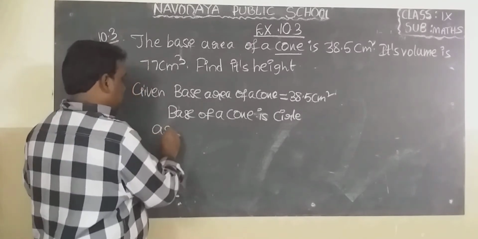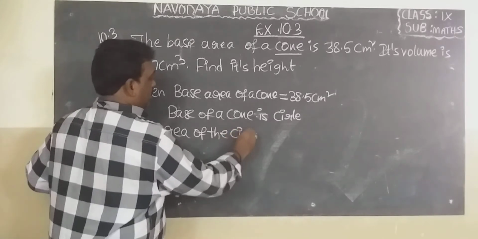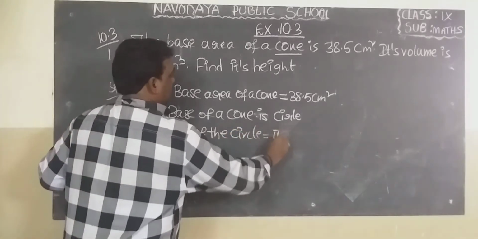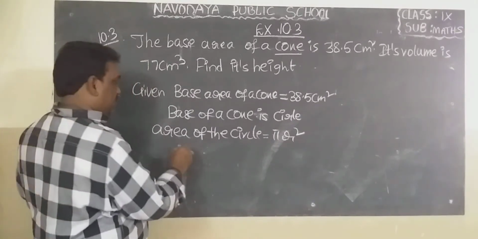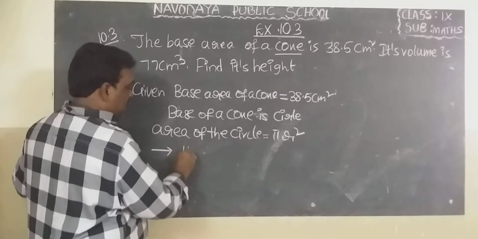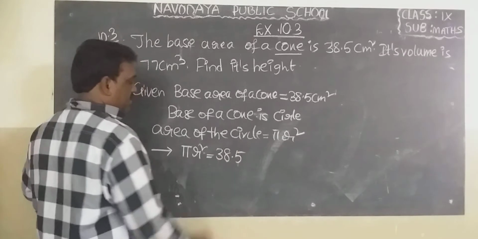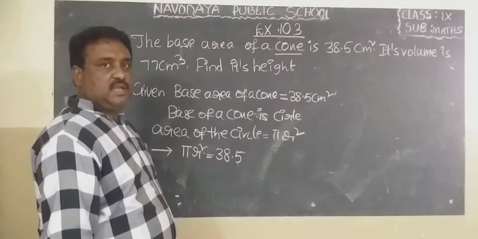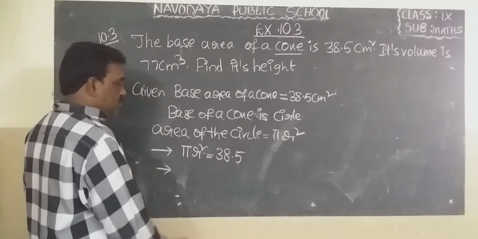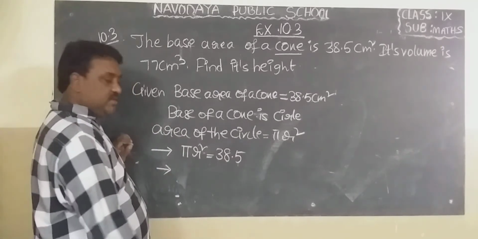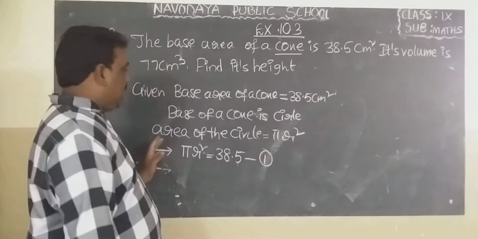Area of the circle is pi r square. Now pi r square equal to 38.5. Then pi value is 22/7. So pi r square is 38.5. That is equation 1.